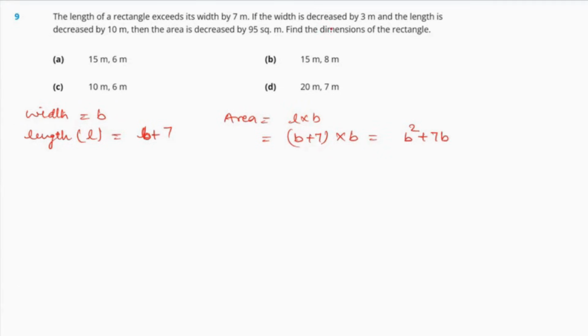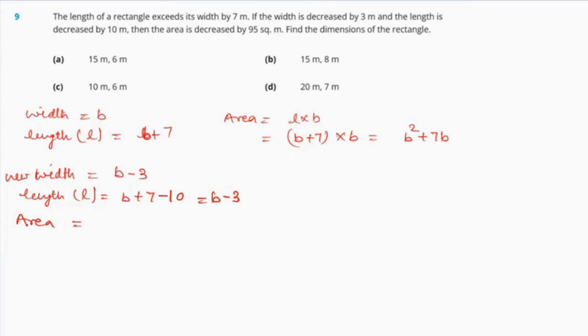Correct? Now, if the width is decreased by 3 meters and the length is decreased by 10 meters, the new length would be b minus 3. And according to the question, the new area has decreased by 95 square meters. The area we were getting is b square plus 7b, and now it has decreased by 95.